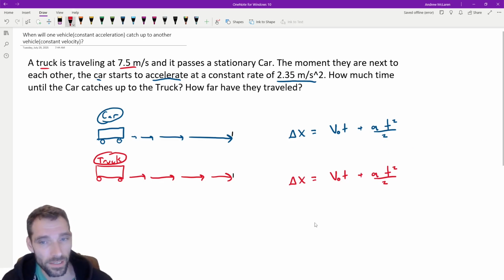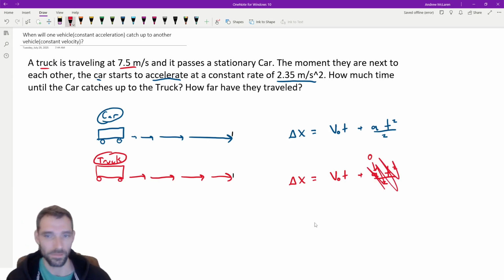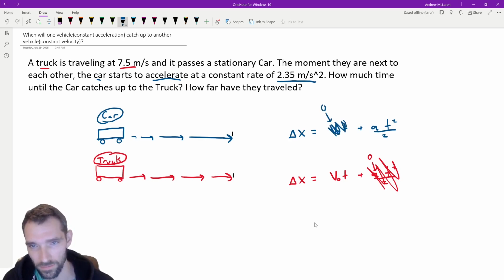Because the truck's acceleration is 0, we can just ignore that whole component, because 0 times any number will be 0. Same with the car. If it is going at constant acceleration, but it's starting with a velocity of 0, we can just eliminate those two things from the equation.